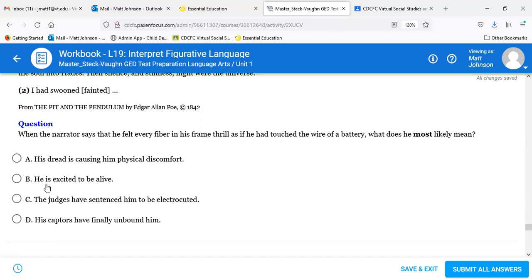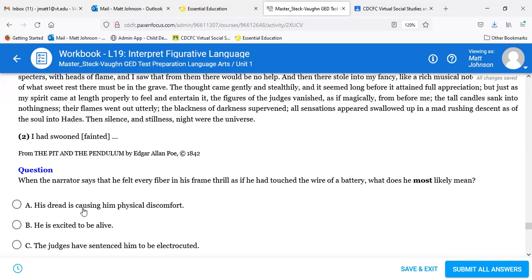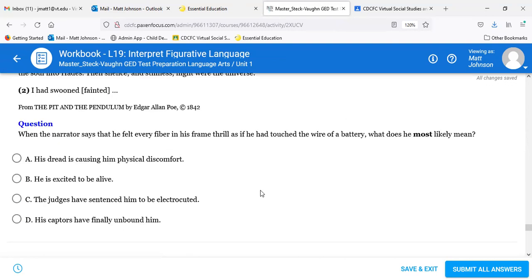And 13: when the narrator says that he felt every fiber in his frame thrill, as if he had touched the wire of a battery, what does he most likely mean? A, his dread is causing him physical discomfort. B, he is excited to be alive. C, the judges have sentenced him to be electrocuted. And D, his captors have finally unbound him.